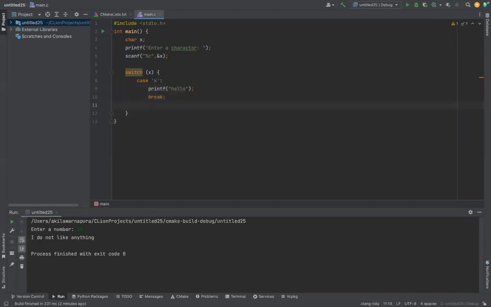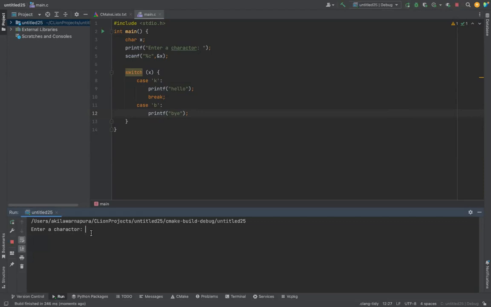Another line, let's say case B: printf bye. Now try to run this program. Let's say the user enters K: Hello. Let's say the user enters B: Bye.